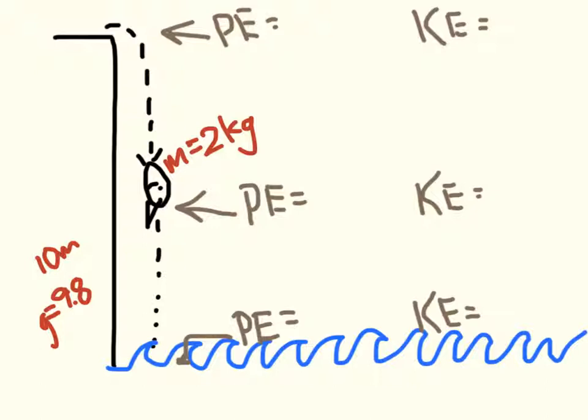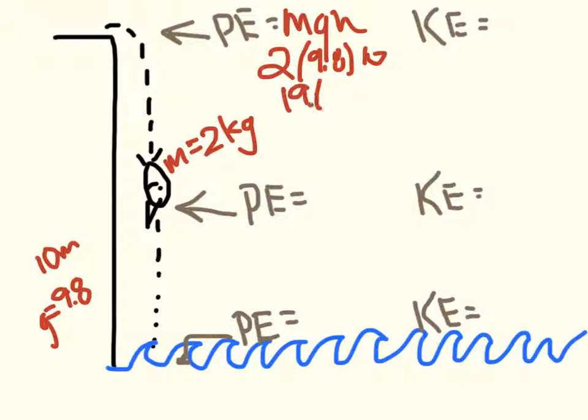So potential energy, mgh, we have 2 times 9.8 times 10. And so the penguin's potential energy is, let's see, 19.6, so 196 joules would be the penguin's potential energy at the top of the iceberg cliff.